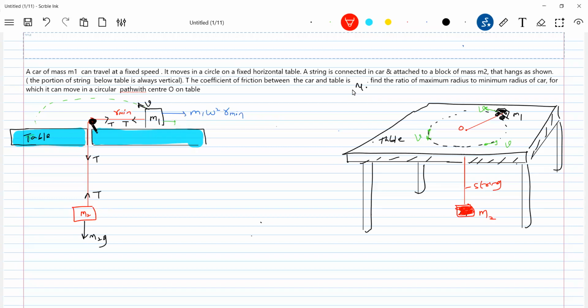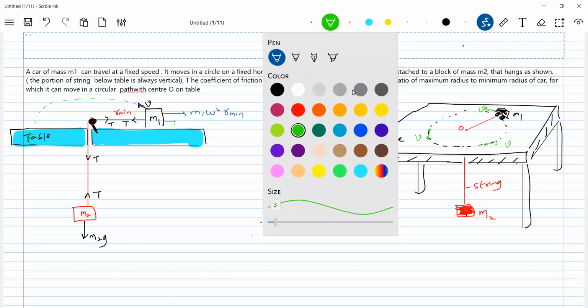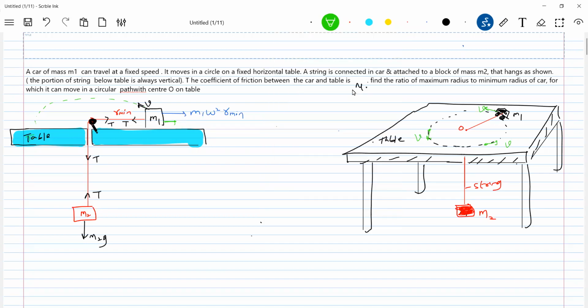What friction is acting is the limiting friction. This is a normal contact, and this will be mg.